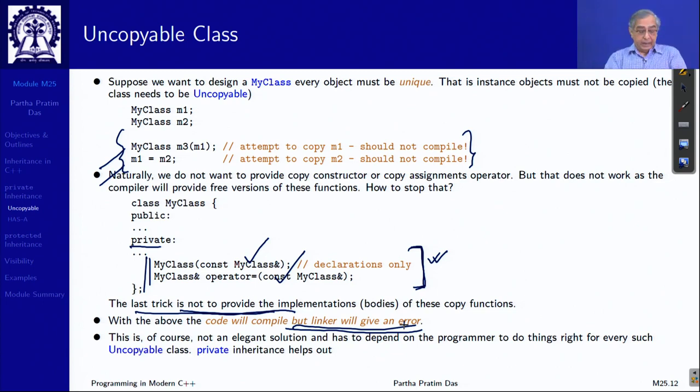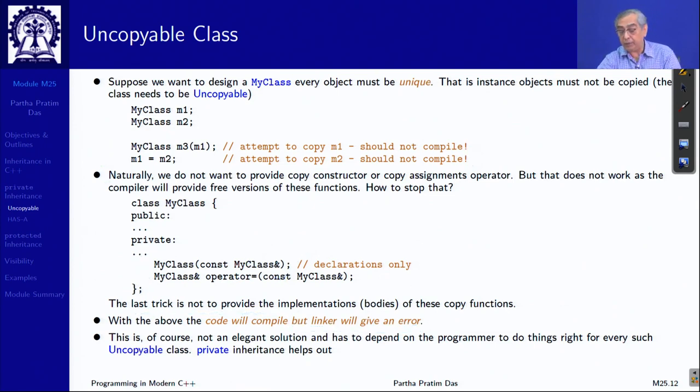So, in a roundabout way, you are finally able to ensure that neither the external world nor the developers of this class, or those who can make changes to its member functions, will be able to make a copy of any object. You can only construct an object, that is all. So, uniqueness is guaranteed.